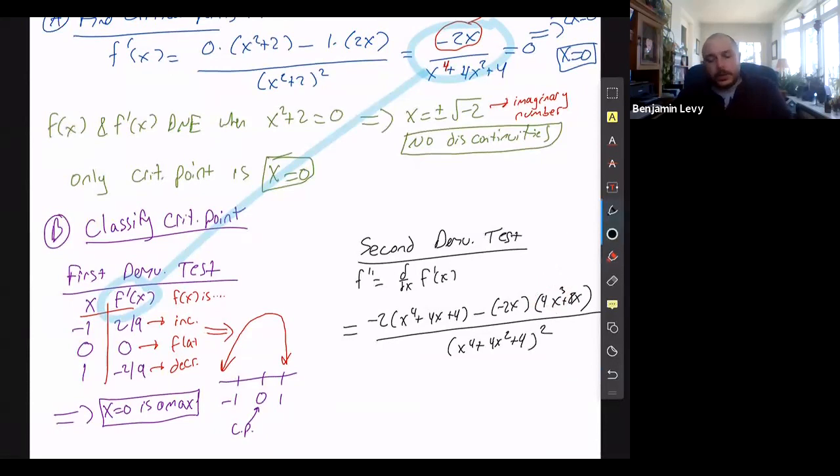And so, again, you don't have to simplify this, but when I did, I got this. And one reason you might want to simplify it is because it's a little bit easier to plug numbers into, which is what we're about to do.